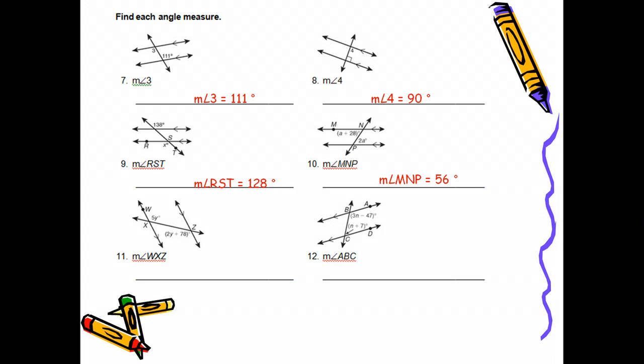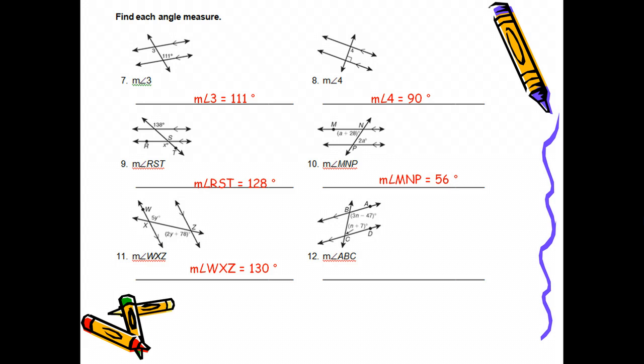Looking at number 11, we also have alternate interior angles. Using 5y equals 2y plus 78, and then taking the y value and substituting it into the equation, we come up with measure of WXZ is 130 degrees.